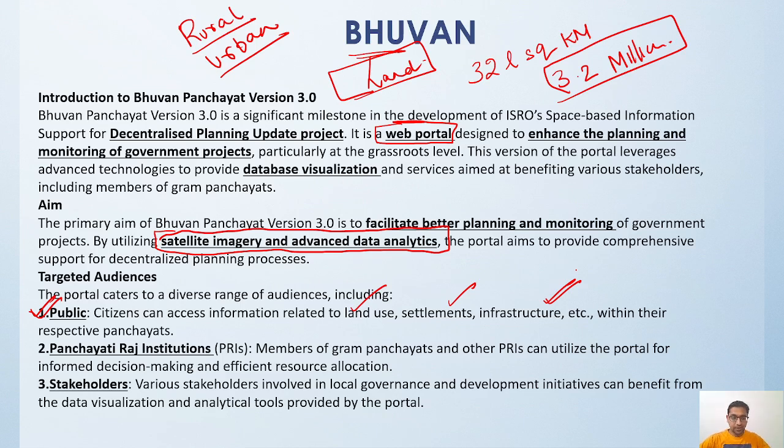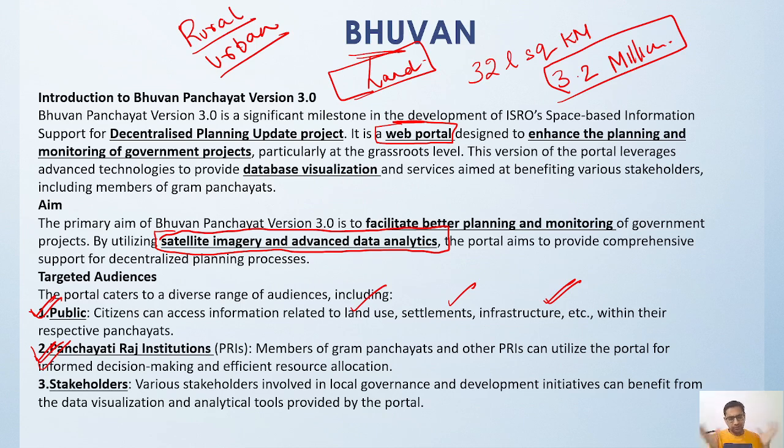Okay, respective panchayats. Then it is helpful for Panchayati Raj institutions also, where the members of Gram Panchayat or Gram Pradhan, or at a district level or a Samiti level, can utilize this whole portal, and based on the data in this portal, which is fed from the satellite, make better informed decisions and allocate resources at various places with the help of this data.